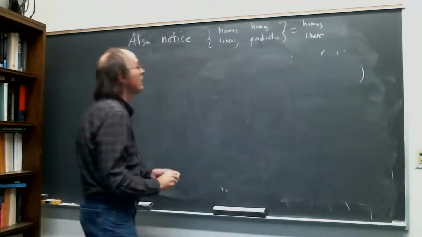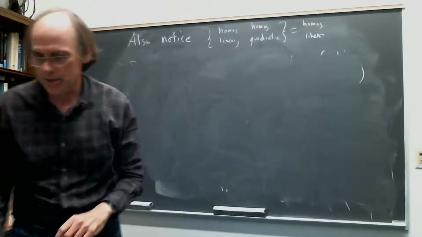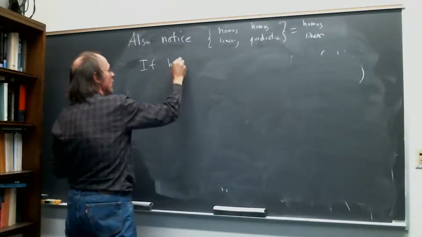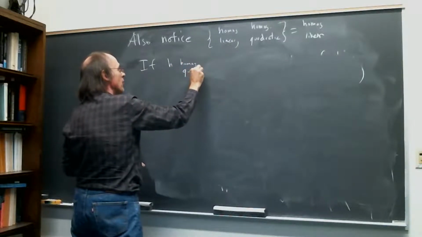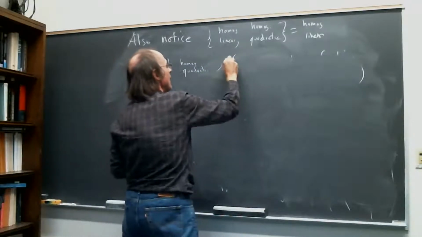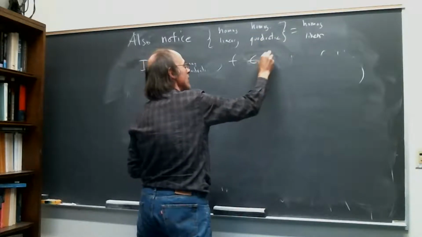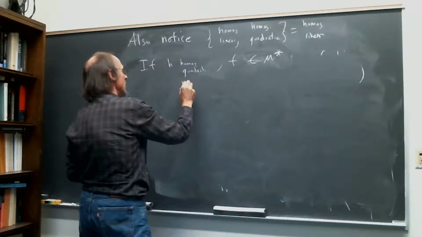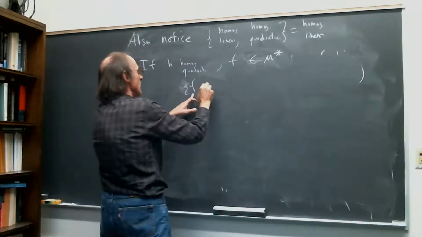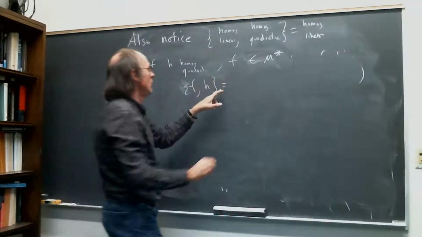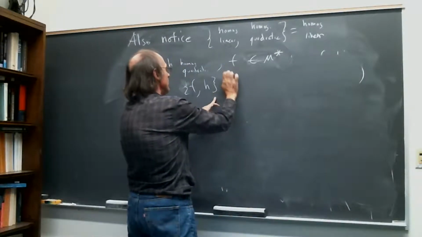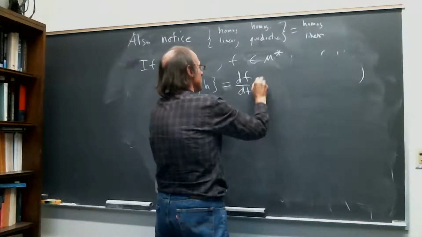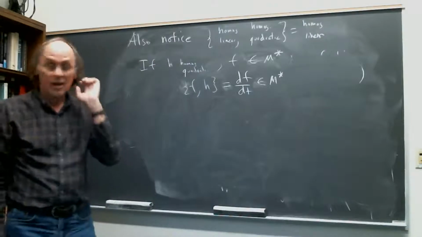Okay, so now think again about this: if H is, again, a homogeneous quadratic polynomial, and F is homogeneous linear, an element of the dual, then the Poisson bracket of F with H is also going to be linear.